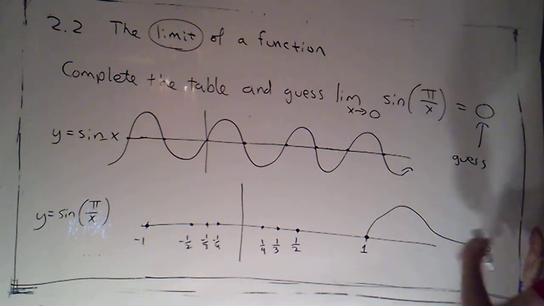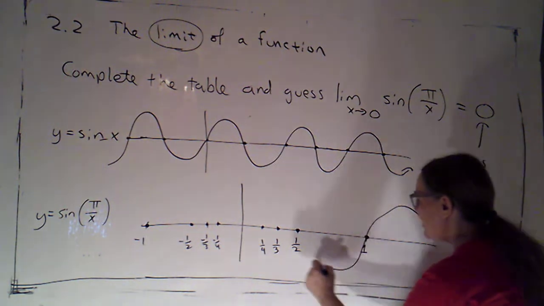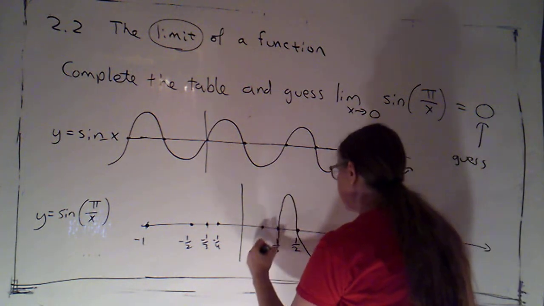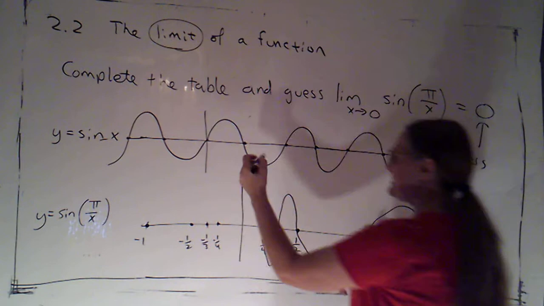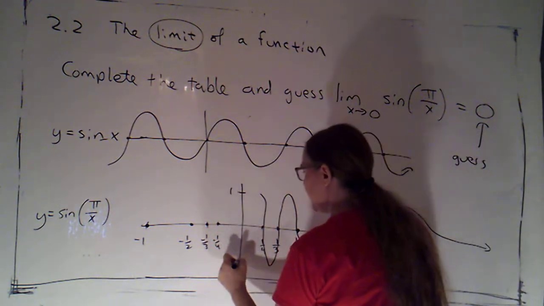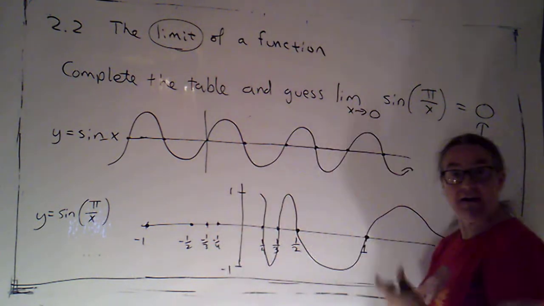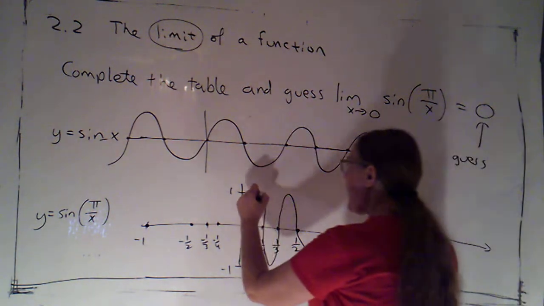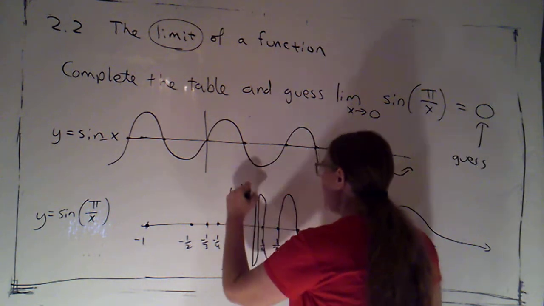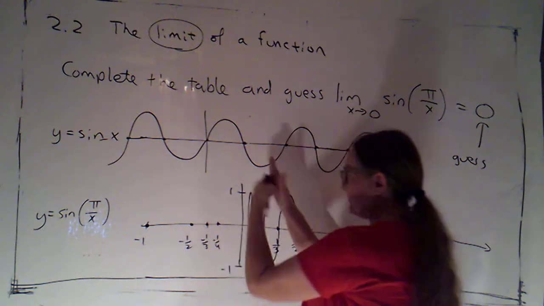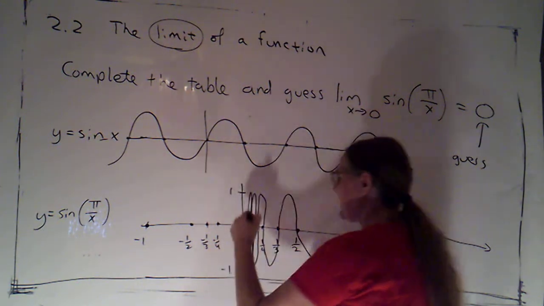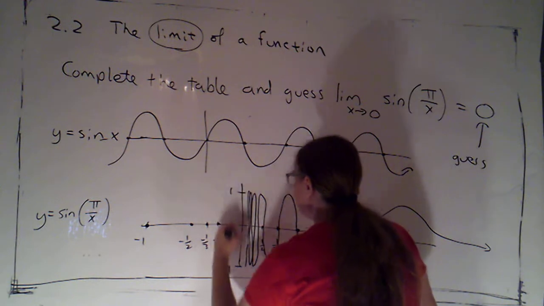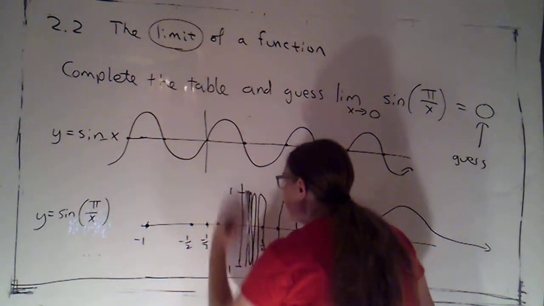It never returns to 0. But then in between these consecutive zeros, my sine is oscillating still between a high value of 1 and a low value of -1. It's doing this same thing. It's just doing it with the size of the waves getting smaller and smaller and smaller. So it's oscillating like crazy.